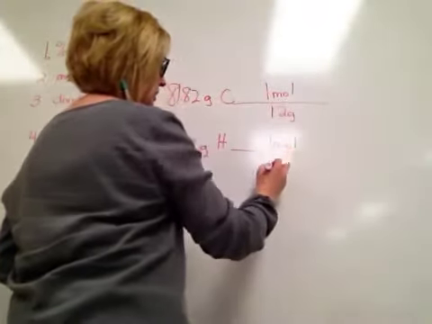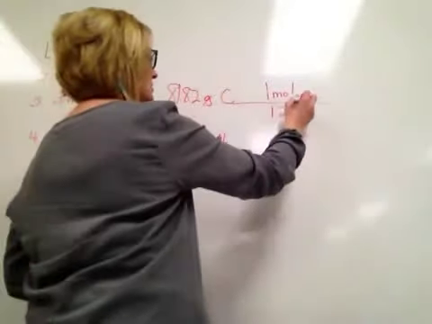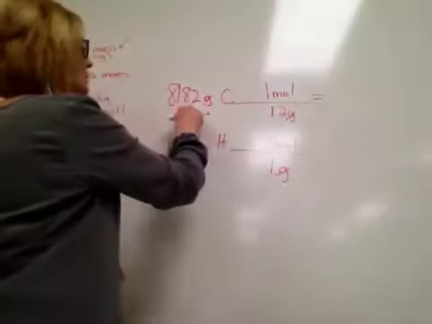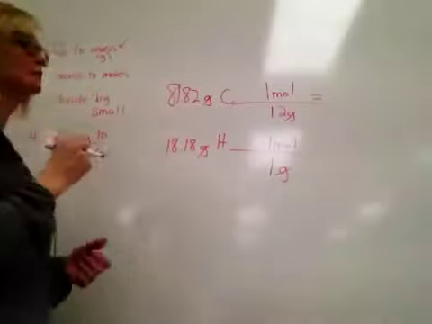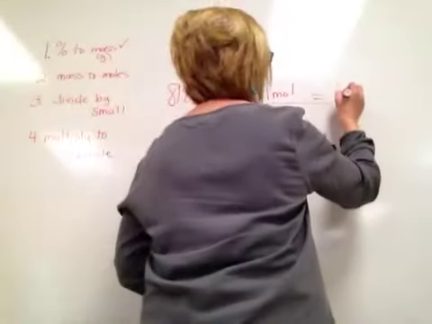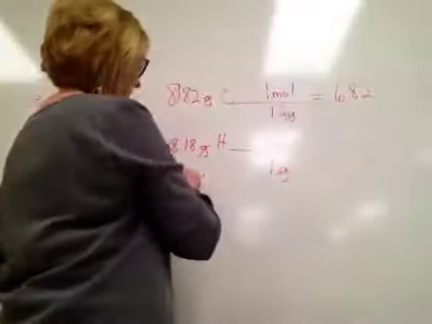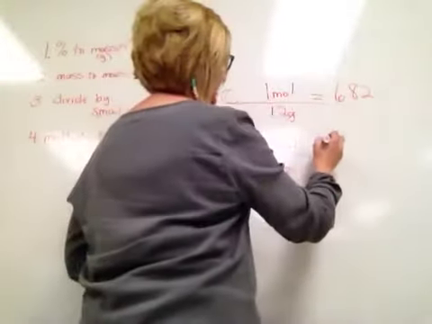Hydrogen is 1. Here again I'm canceling. It's a conversion factor. So 81.82 divided by 12, how many moles is that? 6.82. Let's see, hydrogen, I can figure that one out.